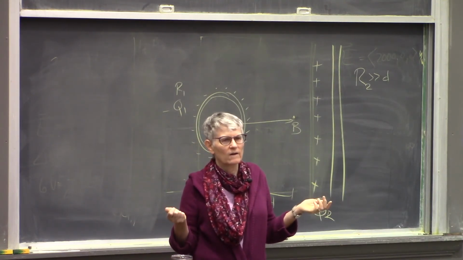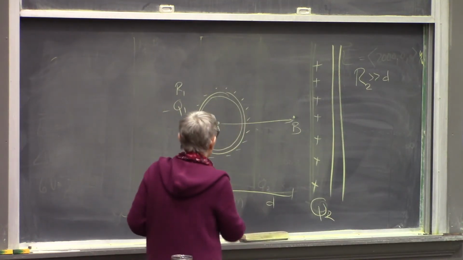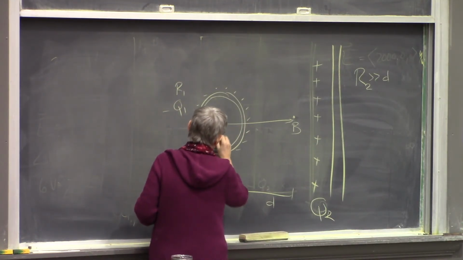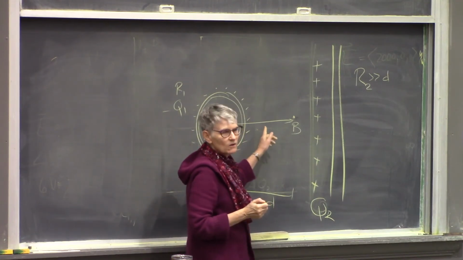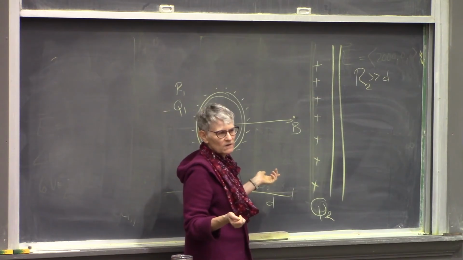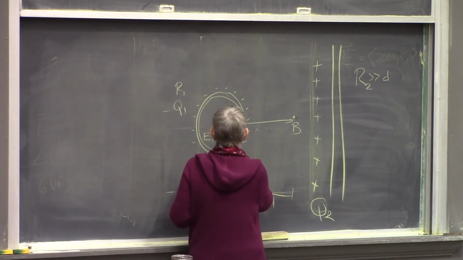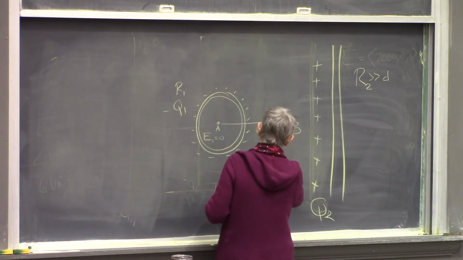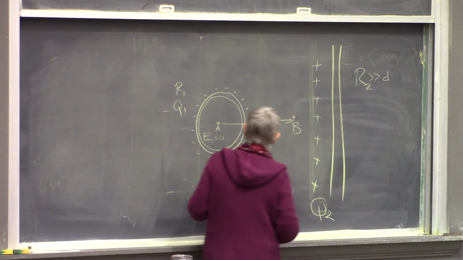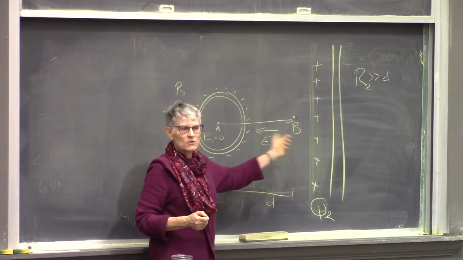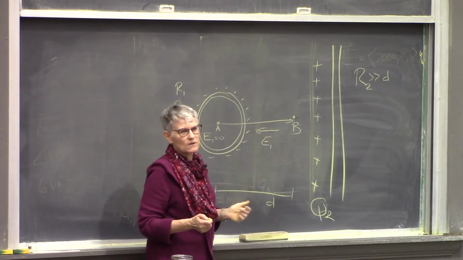Zero where? Inside. So E1 equals 0 here, and outside, what do we know? Looks like a point charge, doesn't it? At the center of the sphere. So outside here, somewhere here, we'd have an E1 that declines as 1 over r squared, moving from the center of the sphere.